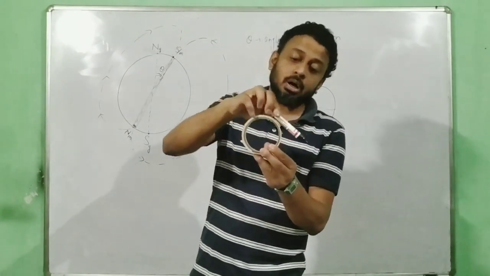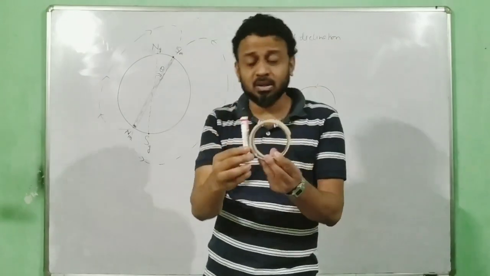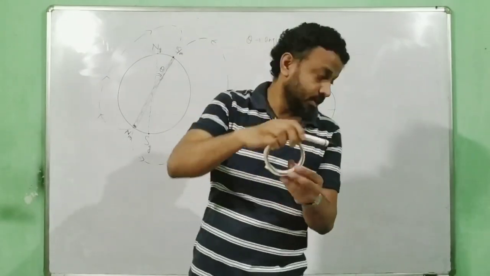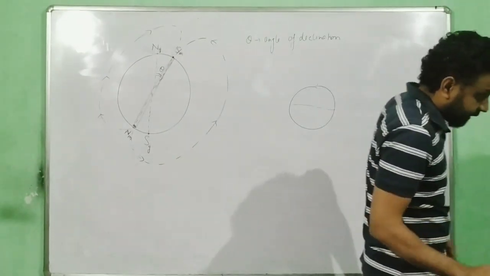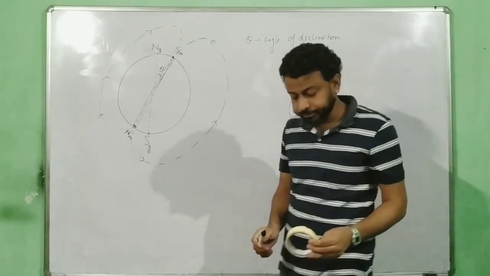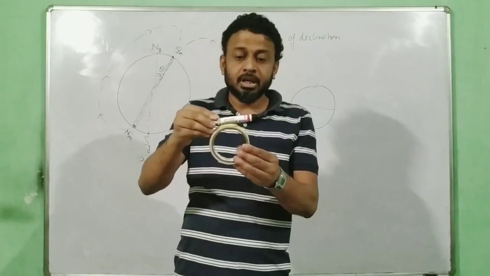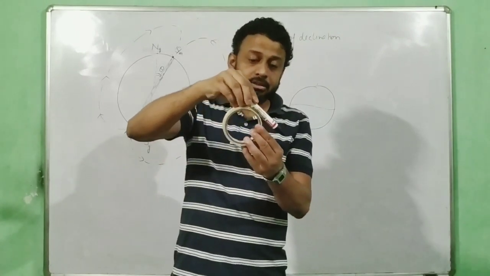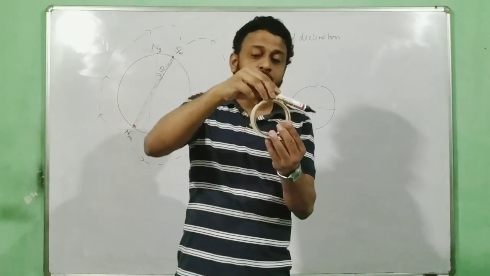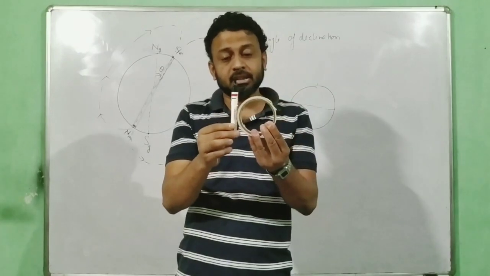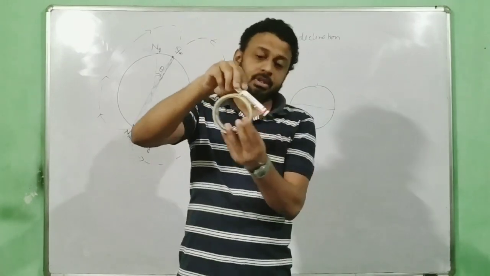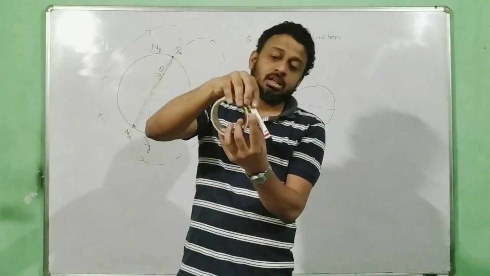But as you go again towards either the northern hemisphere or the southern hemisphere, the field is in this direction in one of the hemispheres, and in the other hemisphere the field will be in this direction. It's like this tangent.